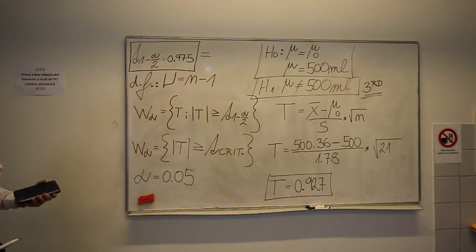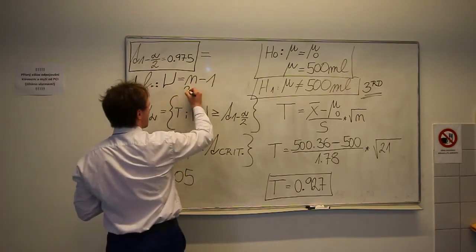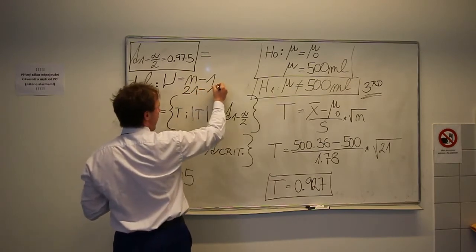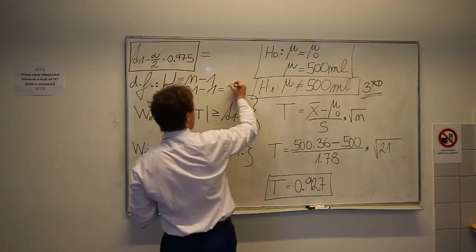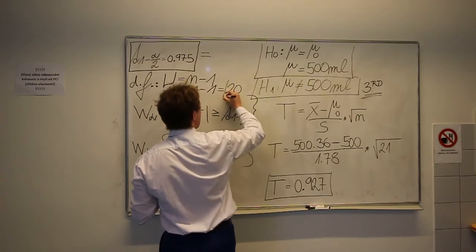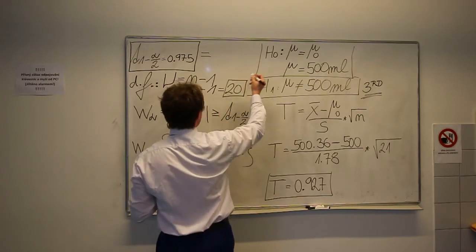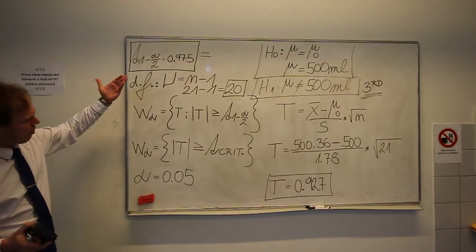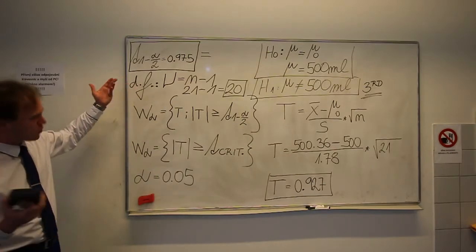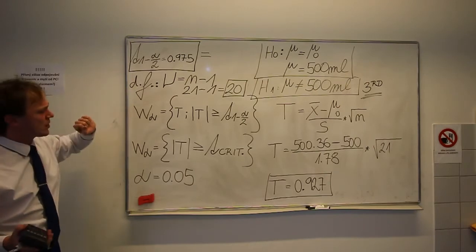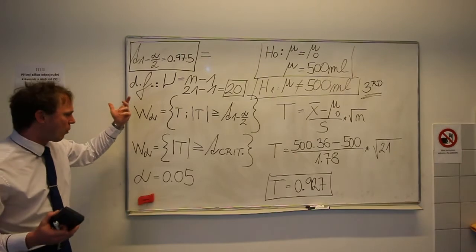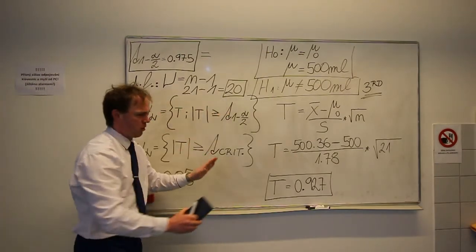In our situation, n is 21 bottles minus 1, so this will be equal to 20 degrees of freedom. So I will use the screen, we will find this quantile, and I will recapitulate from the formulas what is written on the whiteboard.